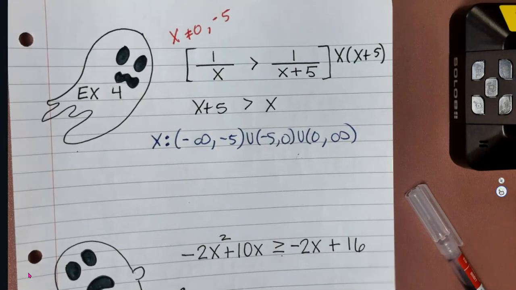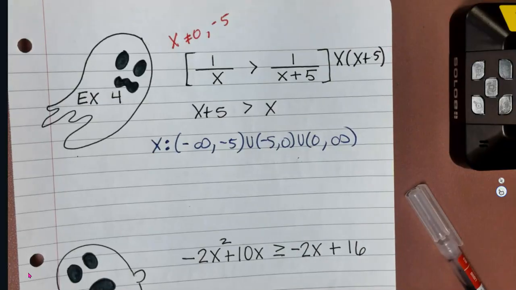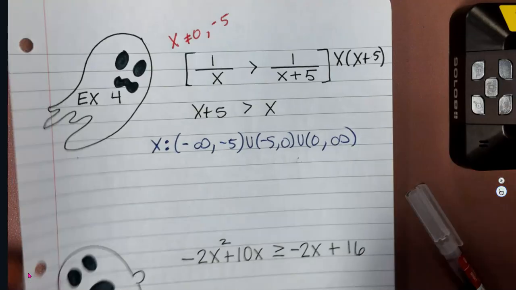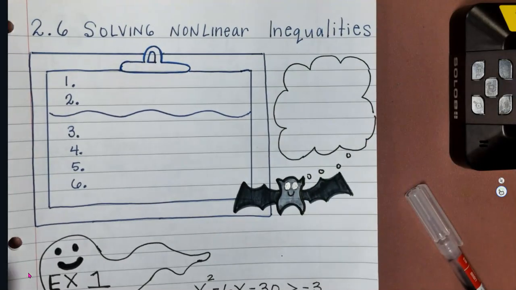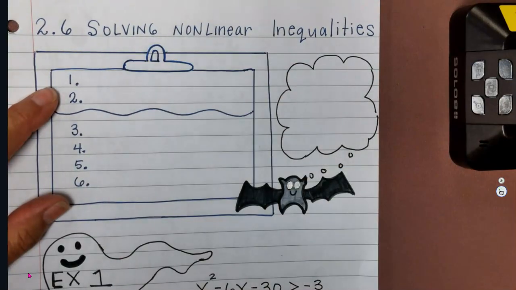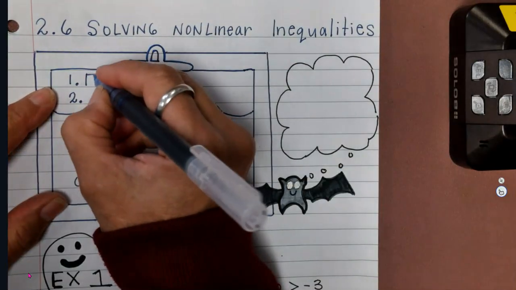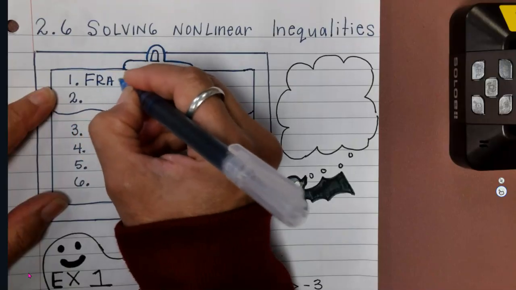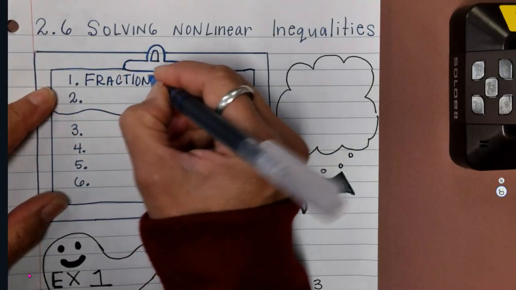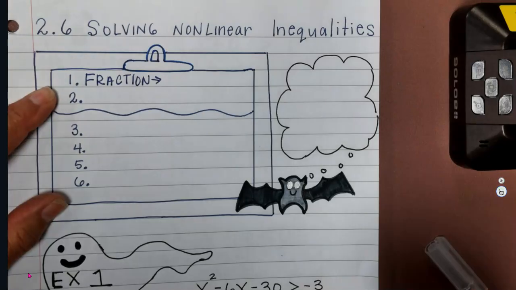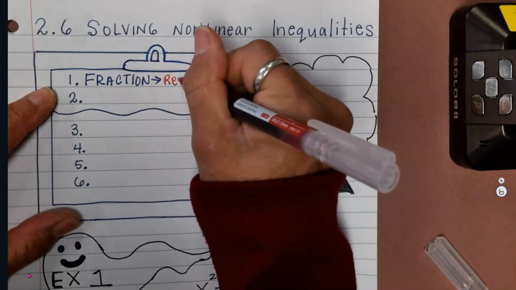Now, let's go back to the steps for just a moment. Remember at the beginning, if you like steps, I've got steps that will work for these problems. Here they are. Number 1, if it is a fraction, you must find the restrictions.